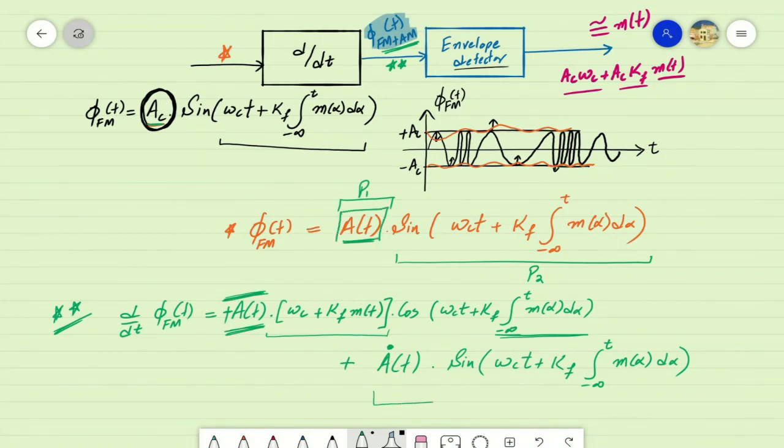Additionally, we have another part being added, which is the derivative of the time varying amplitude, represented at the peak amplitudes of a sine wave, and the sine wave has the information signal directly represented over the instantaneous frequency. So the composite signal, after adding these two parts, will not have the information signal directly represented over its envelope.